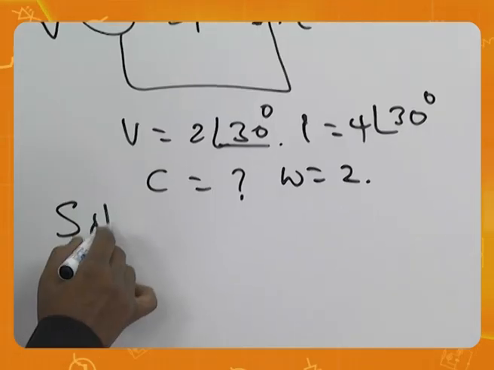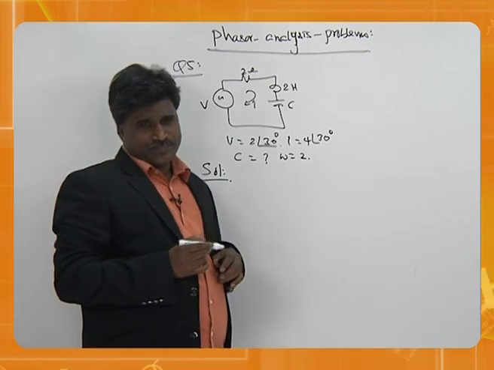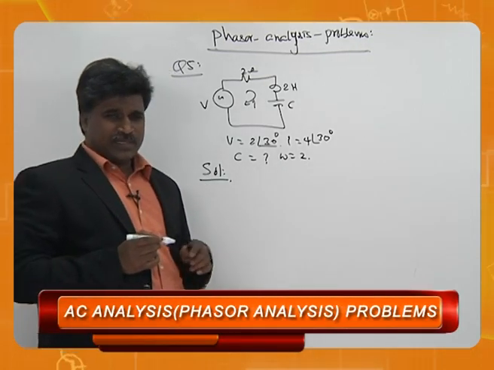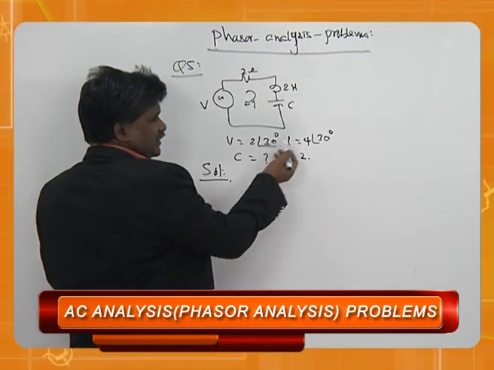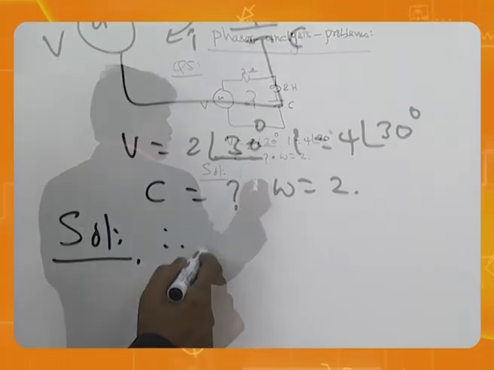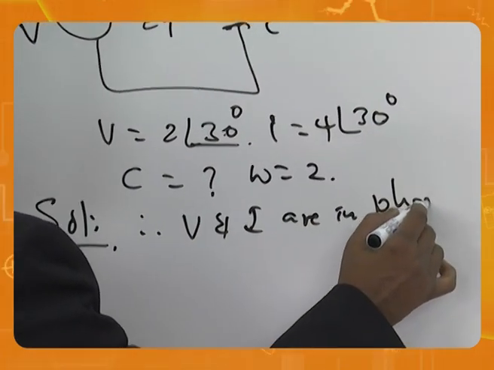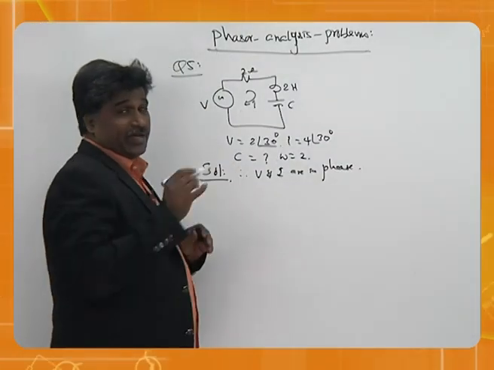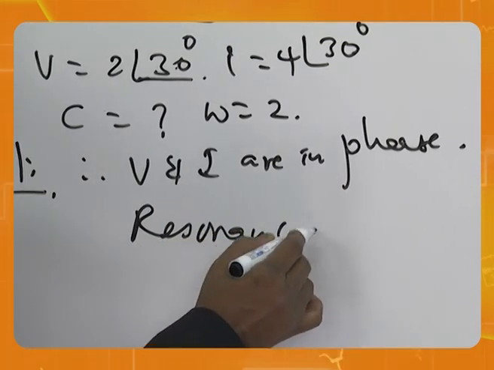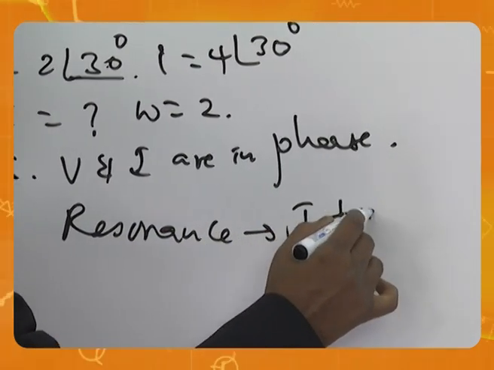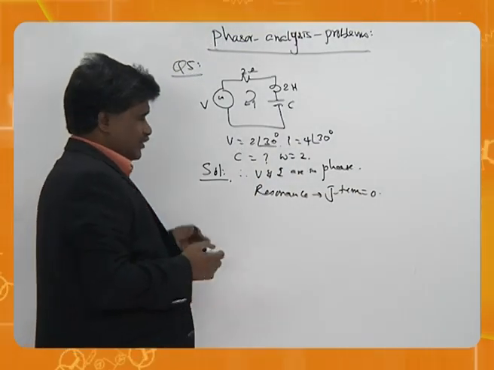Now let us go to the solution. And in this I have a very interesting conclusion. This is 30, this is 30. That means V and I are in phase. If V and I are in phase, indirectly they are in resonance, or the j term is 0. So make this and solve.